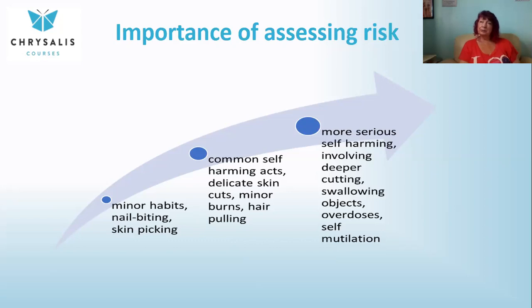So in the pluralistic approach, we might make a crisis plan with somebody. You know, who can they contact? Who can support them when they're feeling bad? What can they do to make themselves feel better?